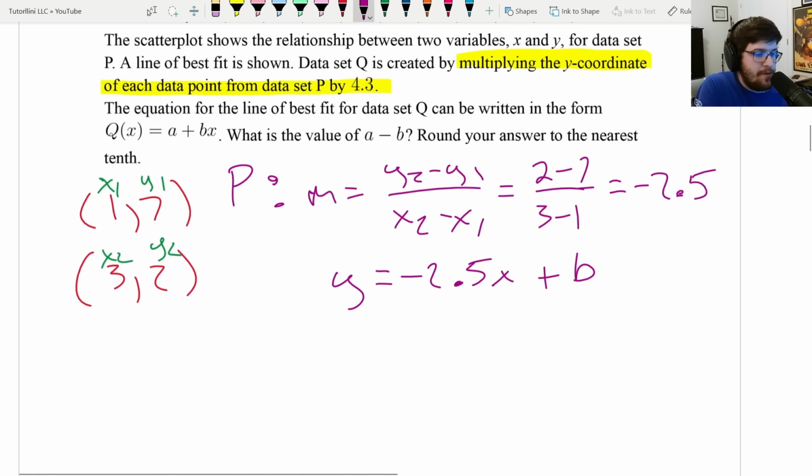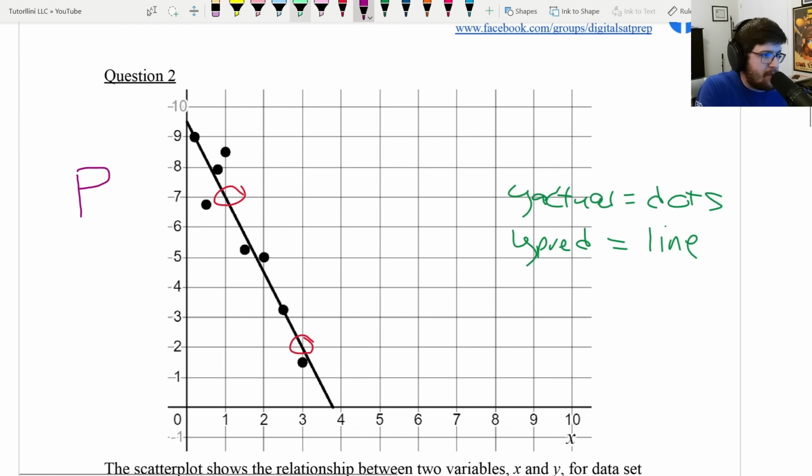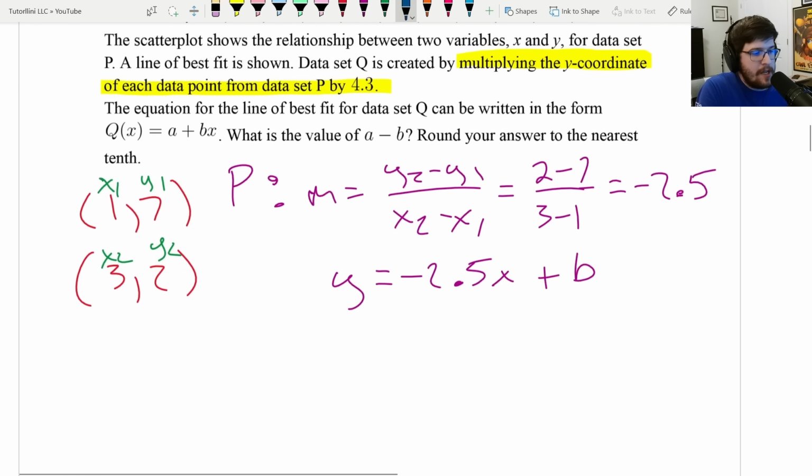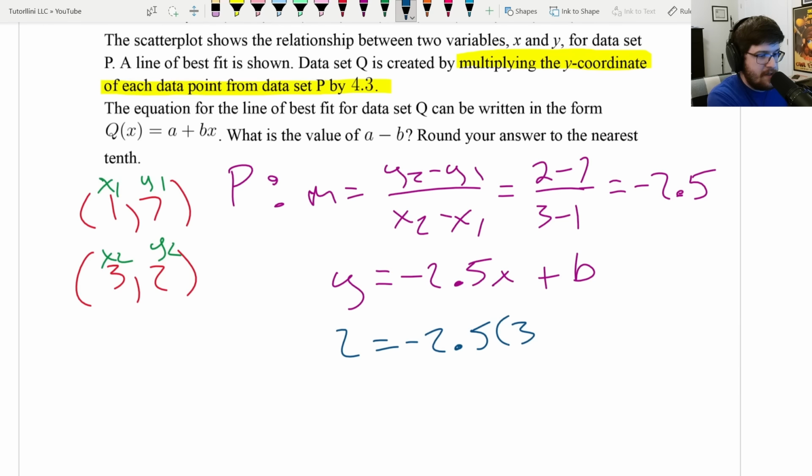And now to find the y-intercept, I could tell it by looking at it, but you see it doesn't really exactly go through a grid marker, so why don't I use one of my other points to figure it out? Why don't I plug in 3, 2? So we'll do 2 equals negative 2.5 times 3 plus b. And let's see, what's negative 2.5 times 3?